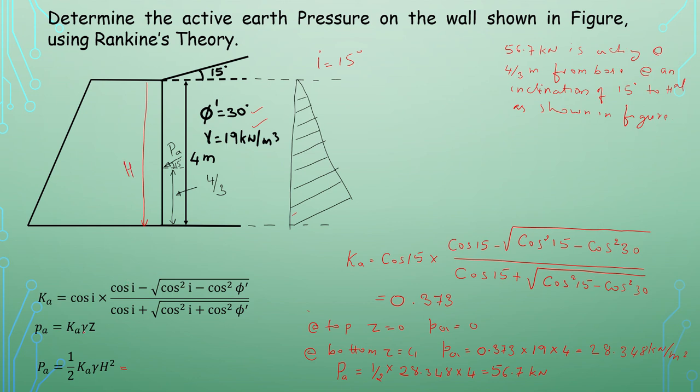Here it is half into Ka into gamma into h square, that is half into 0.373 as Ka, gamma is 19, into h square, which is 4 square, and you are going to get the same answer as in the previous one, 56.7 kilonewton. Then you can write this as the final sentence. That's all for now.